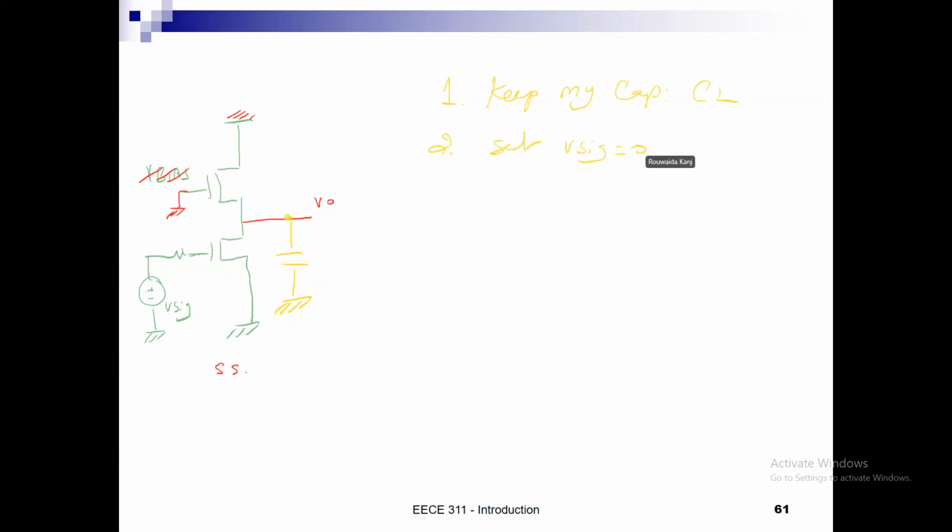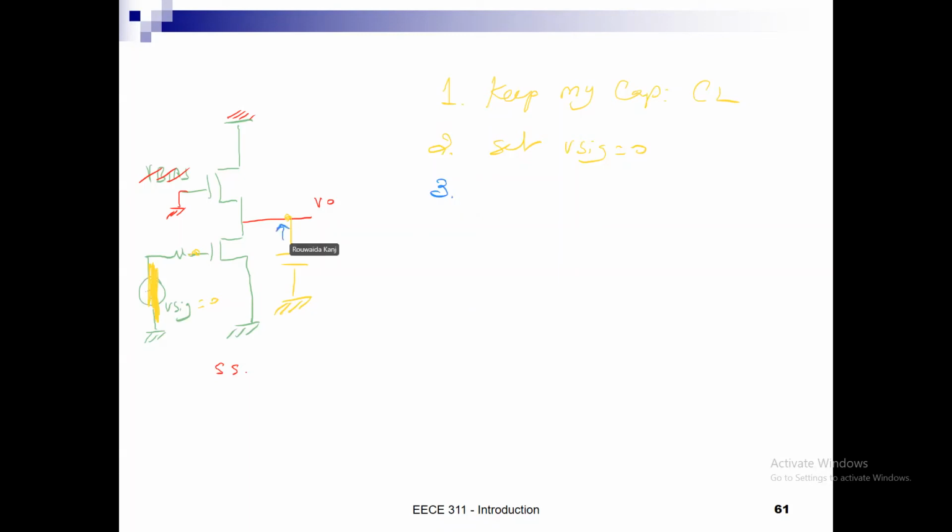So the signal is set to 0. What is the voltage at node G? 0, because RSig has no current, right? So VG is 0.